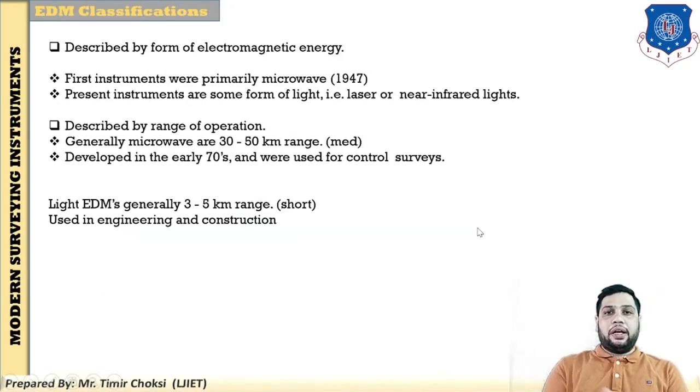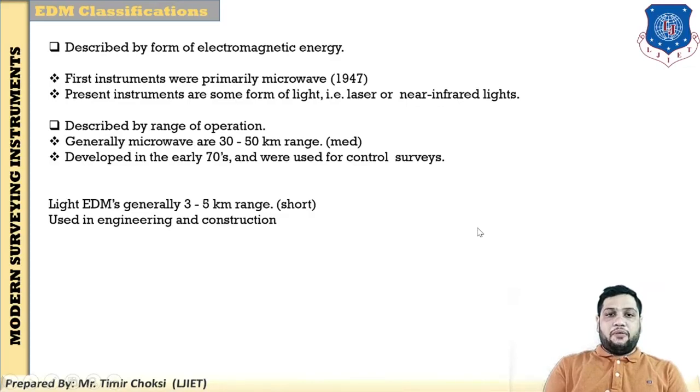Now, after understanding the EDM principle, let us explain the types of EDM. First, described by the electromagnetic energy: the first instruments were preliminary microwave instruments, found in 1947. Present instruments use light and laser or near infrared lights.